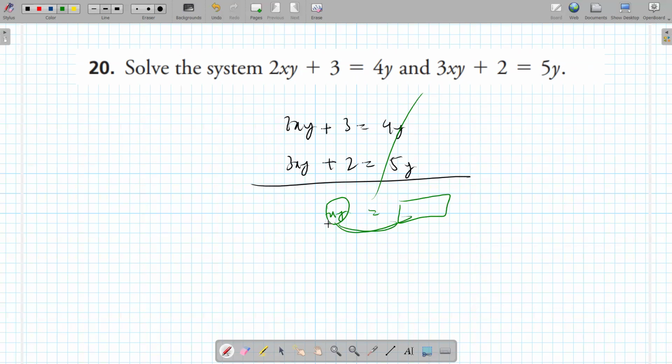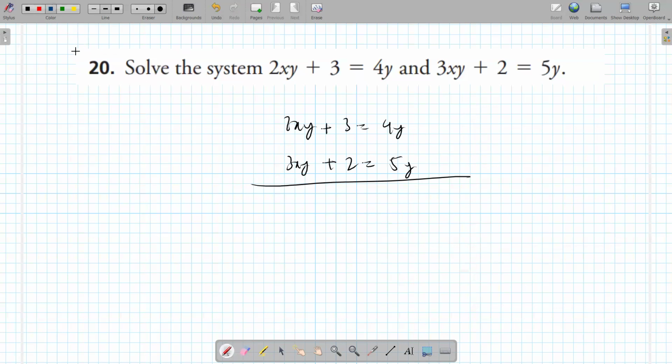That doesn't really help us solve anything. So the goal here is not to kill the y first. You need to kill the xy. You need to get rid of that xy so that you have one unknown and then you can plug it in. Here, let me show you how this works. Because if you cancel out the y's, you'll be left with xy equals something, and that's not really solvable. So you have to cancel out the xy's.